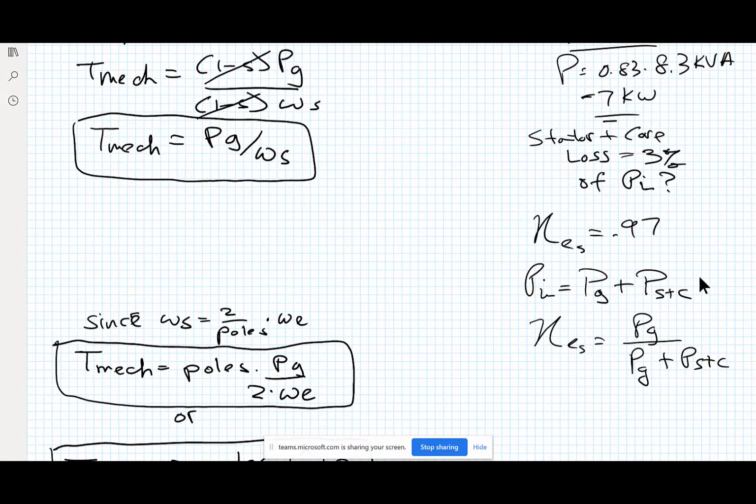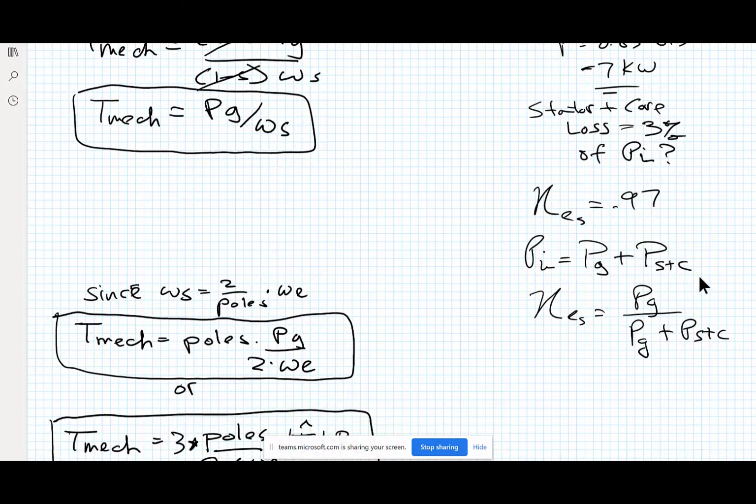And when I said this 3%, what I really meant was that I know Pn, and I'm trying to get this in a very clear way that you would understand. I'm basically saying that Ps and C is equal to 0.03 times Pg.